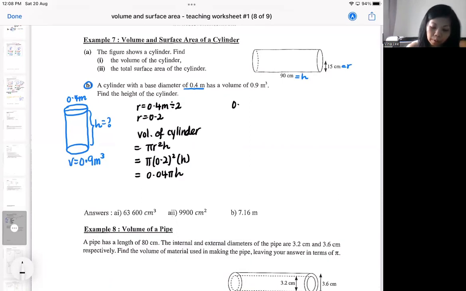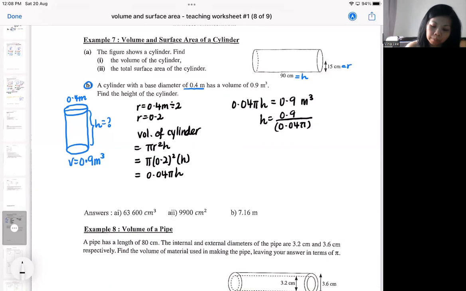So 0.04 pi h is going to be 0.9 meter cube. From here, your job is to find h. You divide both sides by 0.04 pi.